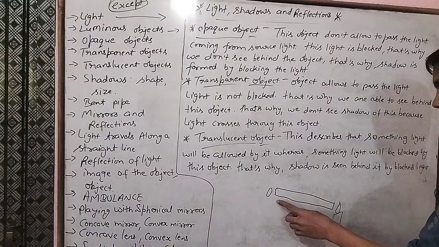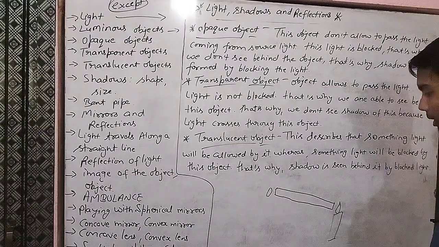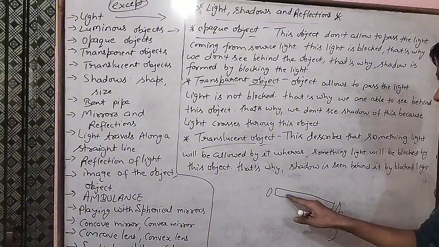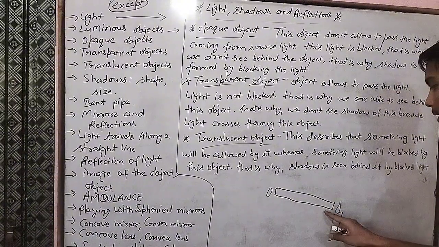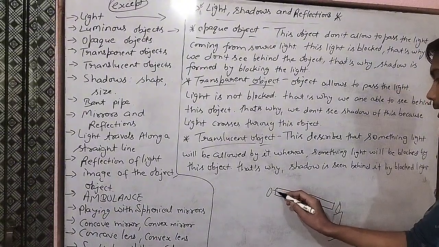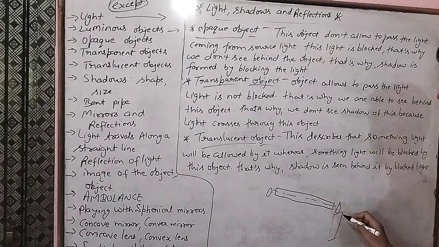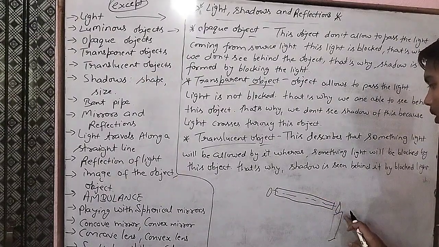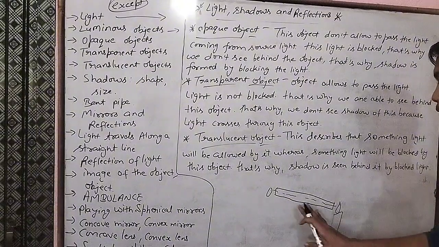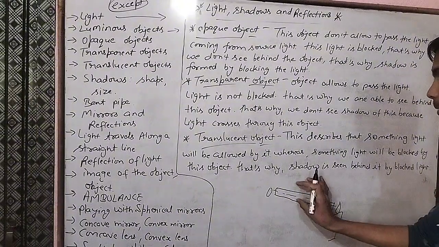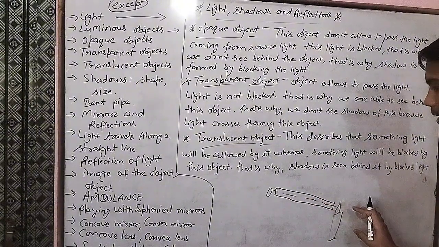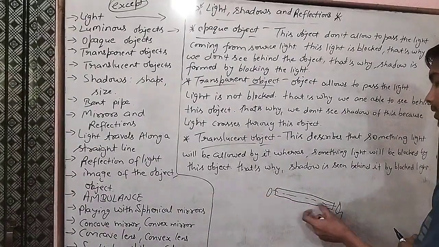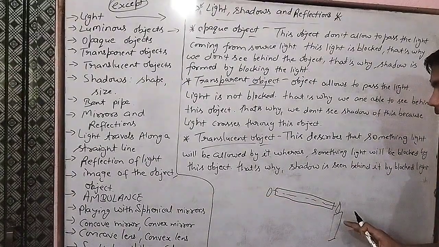Light is traveling in a straight line inside this pipe. Light is going in a straight line because the pipe is straight. That's why we can see this flame candle through this straight pipe, and also because light is traveling in a straight line.